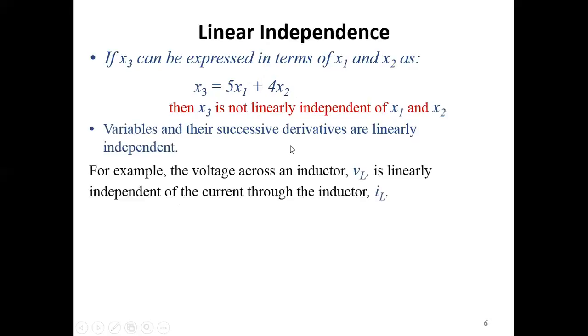Variables and their successive derivatives are linearly independent. For example, if the voltage across an inductor is V sub L, then the current through the inductor is I sub L. Both will be linearly independent because VL will be equal to L di by dt.